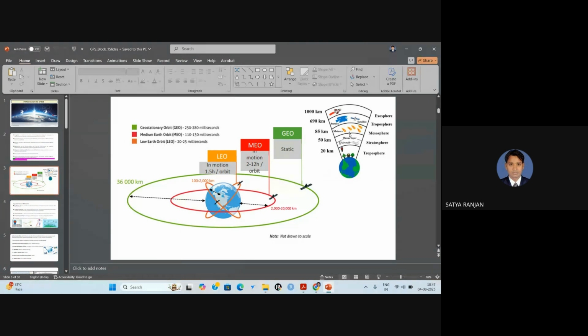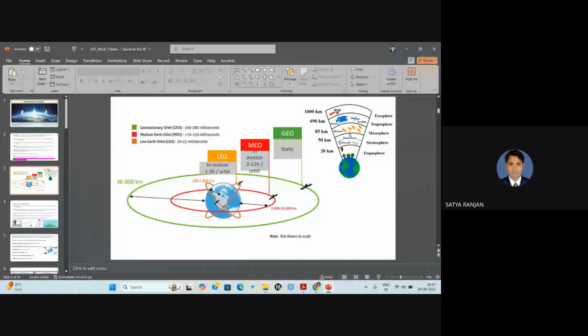They are located in the geostationary orbit, which is 36,000 kilometers above the Earth's surface. So geostationary satellites have larger coverage areas due to the height.